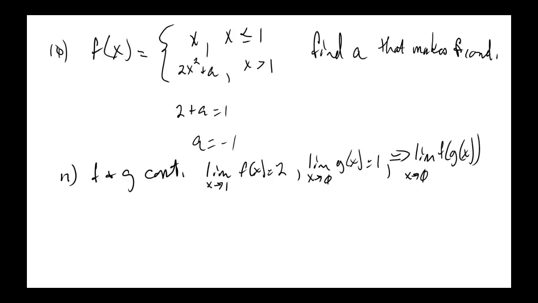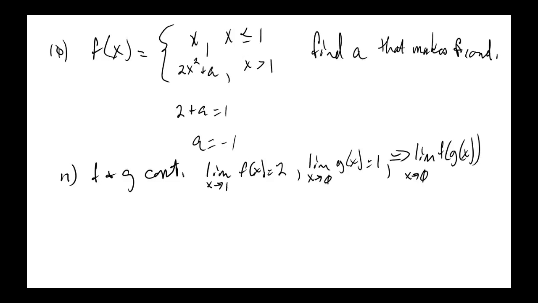Here's what the function was. It was a piecewise defined function. f of x is x for all x less than or equal to 1, and 2x squared plus a for x greater than 1. And what it says is find a that makes f continuous. Where is the point of discontinuity, or potential point of discontinuity?